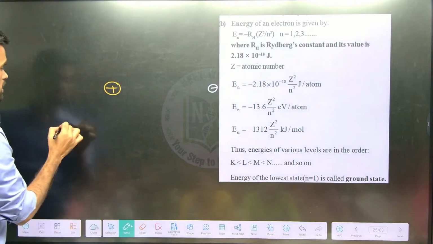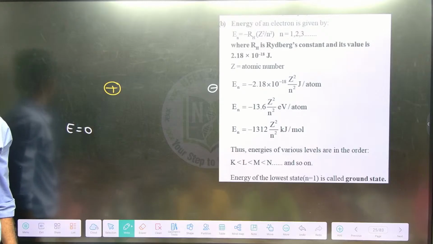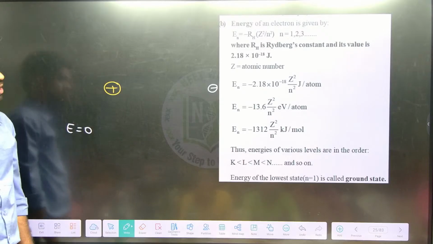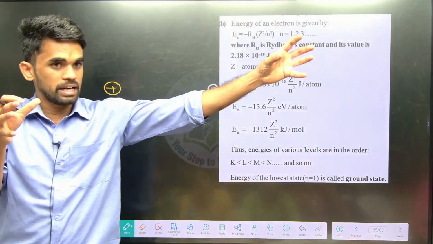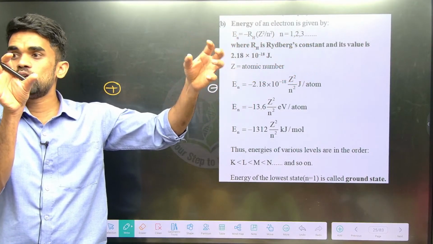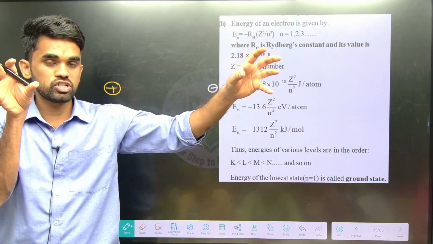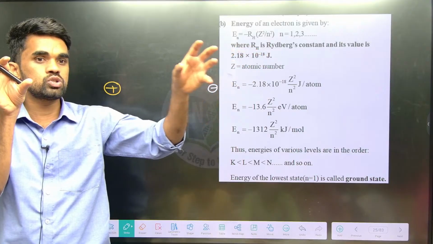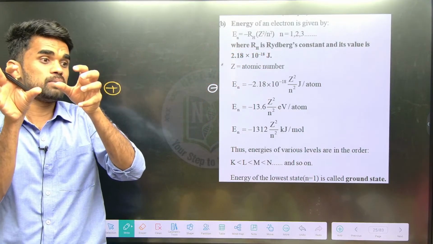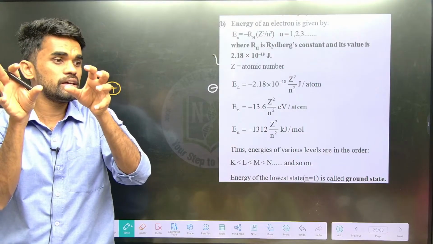No. So at that state energy is equal to 0. Now you bring that negative charge a little closer to the nucleus. Between the positive charge and the negative charge there is attraction. So as you bring it close to the nucleus, the stability of that system increases.